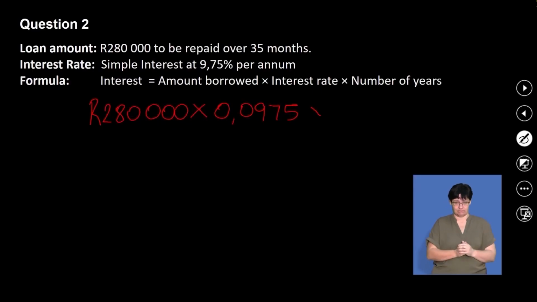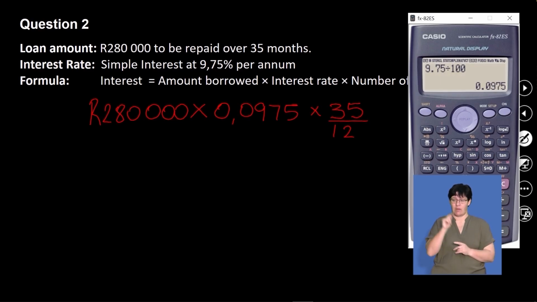Now they want to know the number of years, and I've got 35 months. So to convert that into years, I'm going to say 35 over 12. In fact, I'm going to do that on the calculator first. So I'm going to take my 35 divided by 12, and you'll see that I get 2.91, lots of sixes, 7.